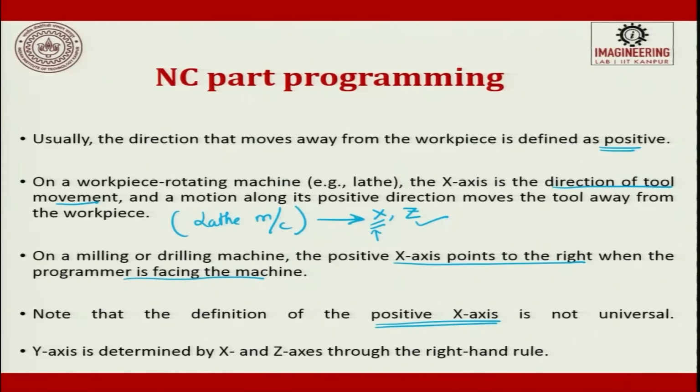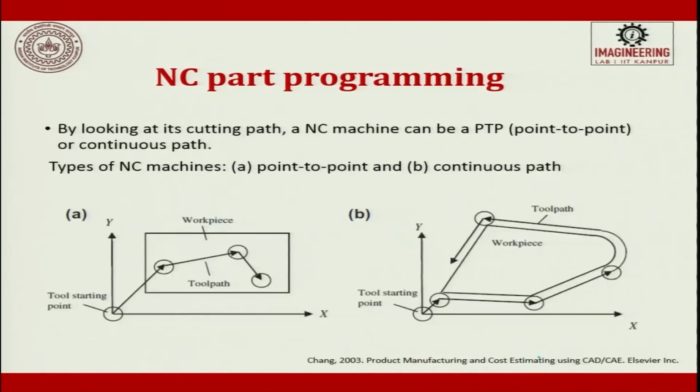Before writing a program for a CNC machine, please go through their manual and see what coordinates they are using. The Y axis is determined by X and Z. Z is fixed, X is fixed, and what is left is Y. X and Y are orthogonal, so you can easily find your Y axis by using the right hand rule.